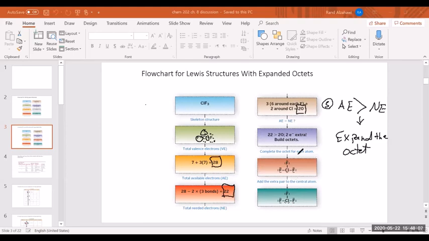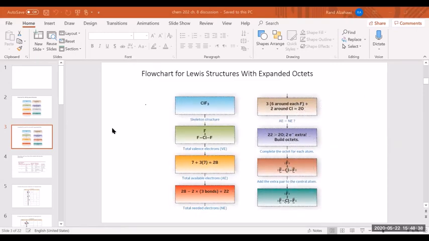So here, complete the octet rule. We have 2 electrons extra. These 2 extra electrons we will put on the central atom, so we will have 10 electrons around the central atom. Be careful, guys. Try to practice with the Lewis structure, because for this chapter and the previous chapter, it is very important, as I said.